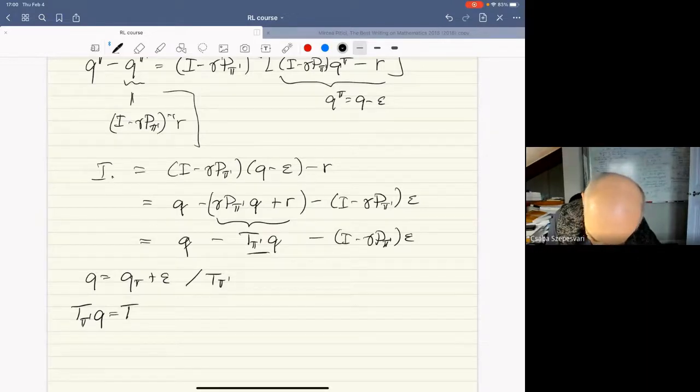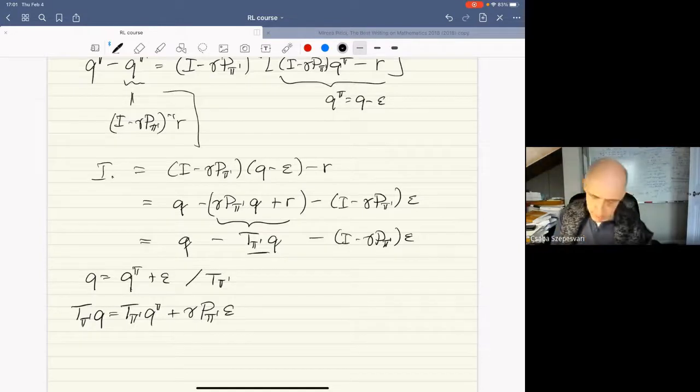It is equal to T of pi prime of Q pi plus gamma P of pi prime of epsilon. Because of this operator, only this applies to epsilon, because the rewards are folded in here.